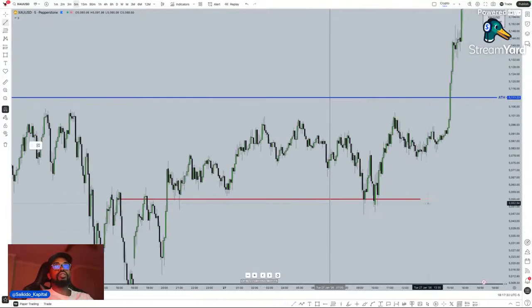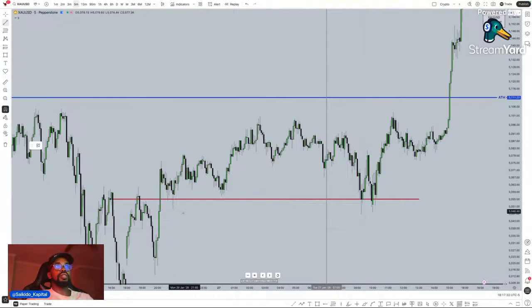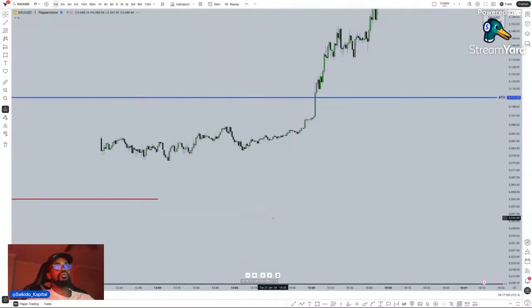So now going into trading during New York time, we take out these lows here from pre-London session, early on. So we take out the sell side and then we give a nice bullish market structure shift.